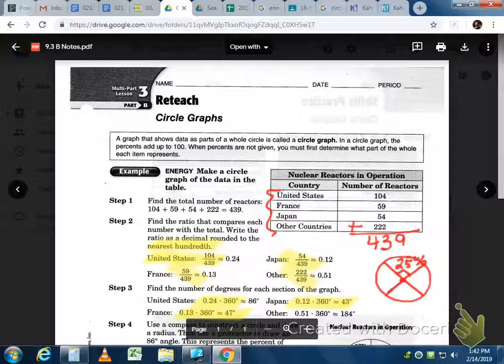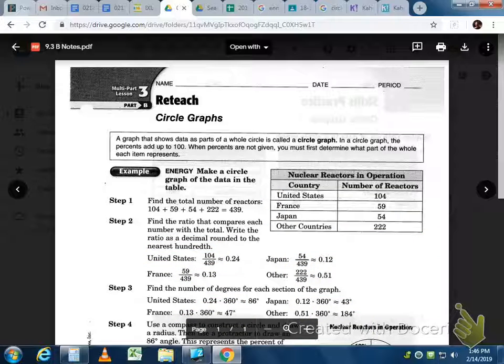So doesn't it make sense that France would be a bigger degree than Japan? 47 degrees compared to 43 degrees. And other, 51%. How much of the circle is that? More than half, isn't it? So it makes sense that it's bigger than 180 degrees. It's 184 degrees.